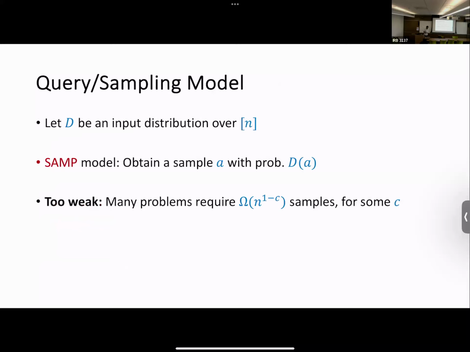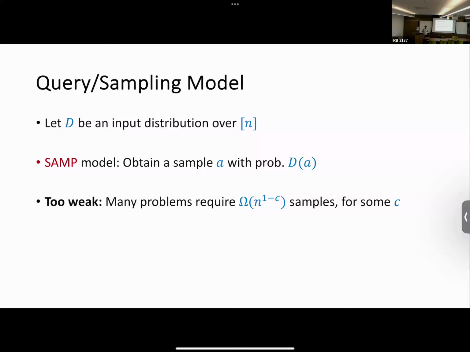One of the easiest or most natural models is when, for your distribution D, you can just get an independent sample from it according to the corresponding probability. So basically, you can sample a point A with probability D of A, where D is this input distribution.